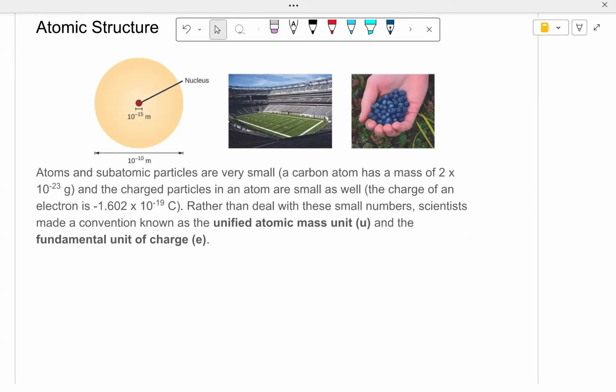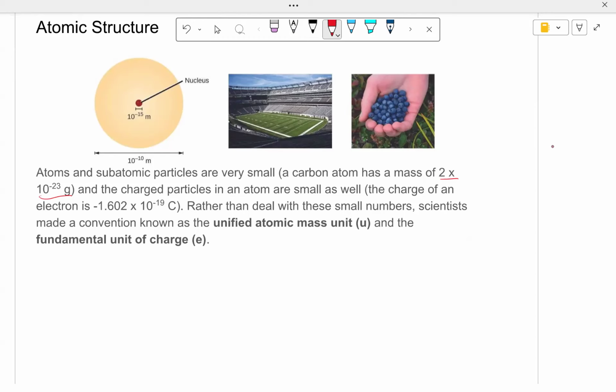So because of this, these particles are very, very small, as well as the charges associated with them. For example, a carbon atom has a mass of 2 times 10 to the negative 23rd grams. And charges, the protons and electrons, will have a very, very small charge as well.